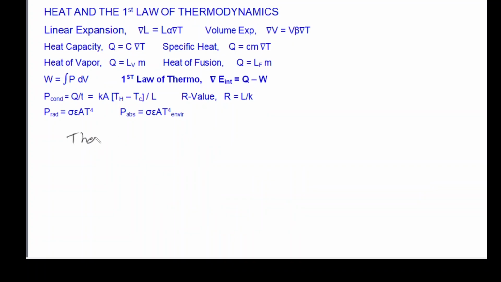Now, let's discuss thermal expansion. When heated, solid objects undergo a thermal expansion. This expansion can be calculated. And if we're looking at a linear expansion, for example, a rod, we find that with heat, the change in length of the rod is equal to its original length times the coefficient of linear expansion times the change in temperature.